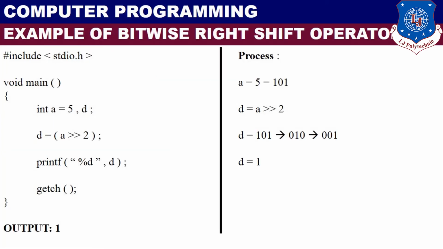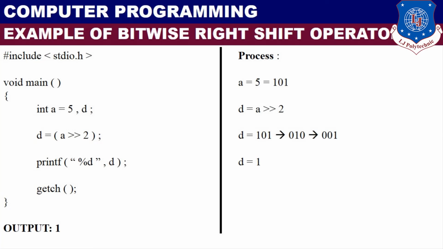#include <stdio.h>, void main, a equals 5, d equals a right shift operator 2, and the answer will be stored into d. So the output will be 1. How? a equals 5, 101, and we are shifting by 2 for this 101.